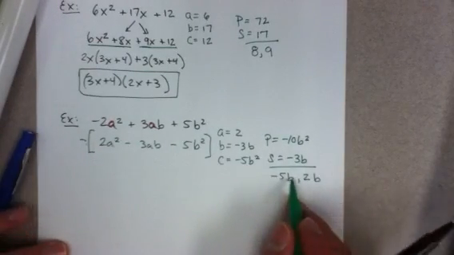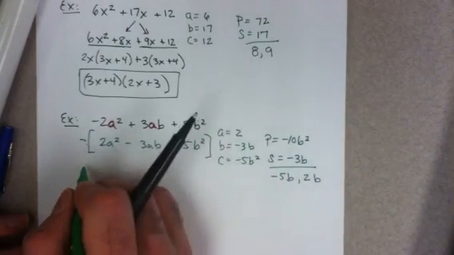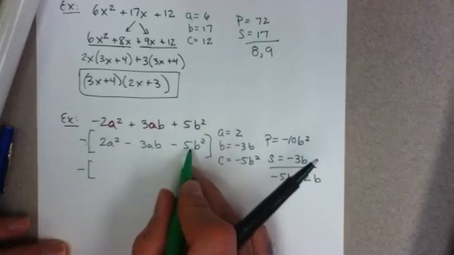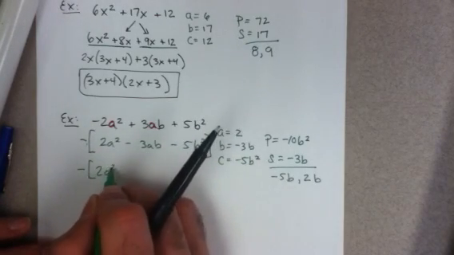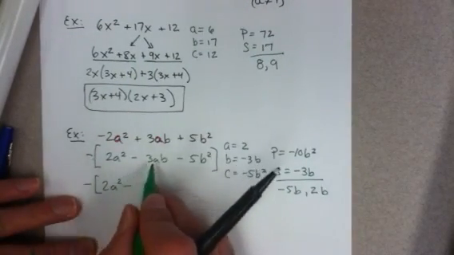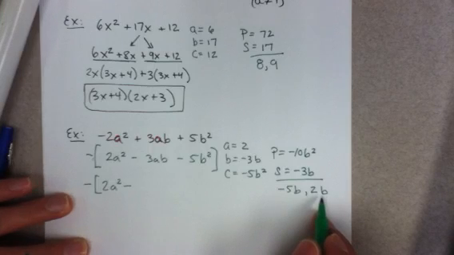Now we'll take these two terms we got from the product sum method and go back to rewrite our original expression, except instead of writing the middle term, just like last time, we're going to split it up into like terms using these two expressions we got here.